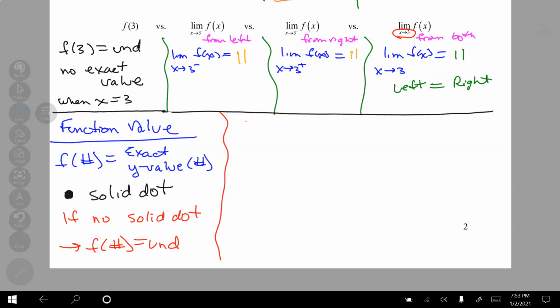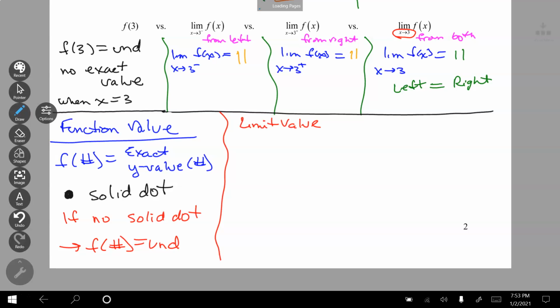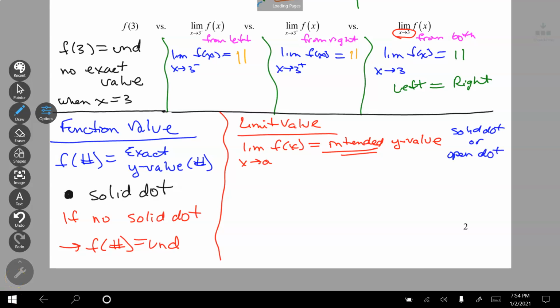Now when we do limit values, they are still y values. So when I do the limit as x approaches a of some function, it is looking for the intended y value. The intended y value does not matter if it's a solid dot or open dot.